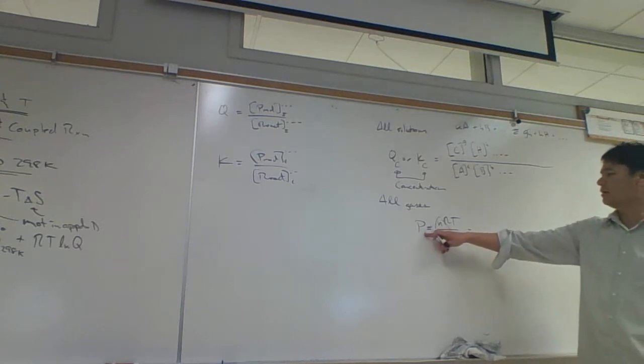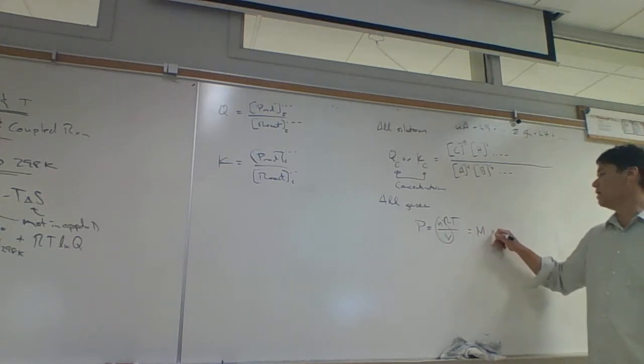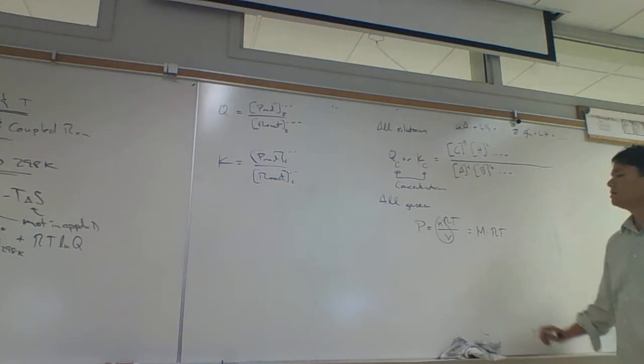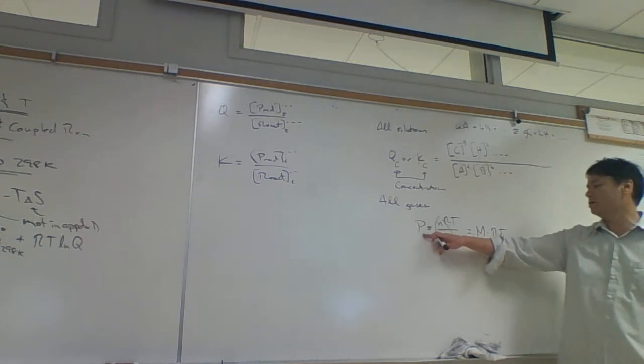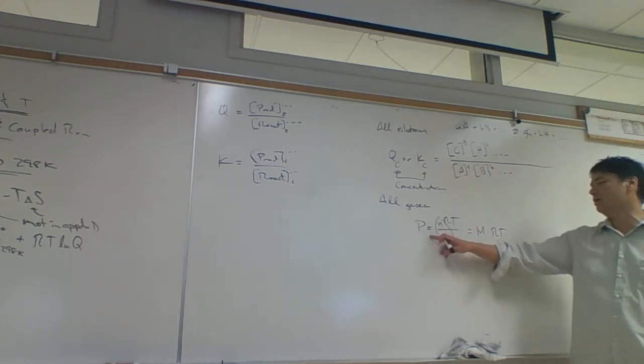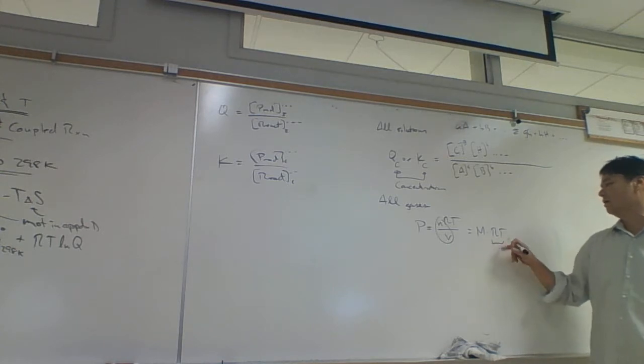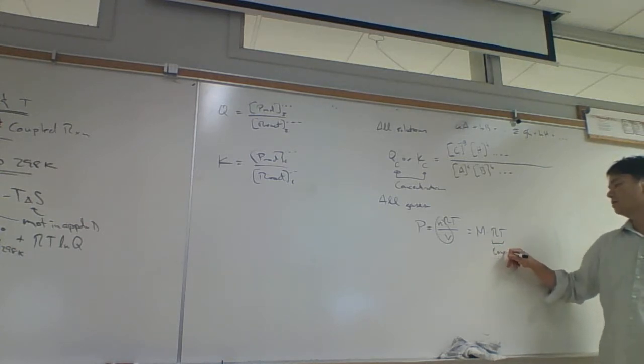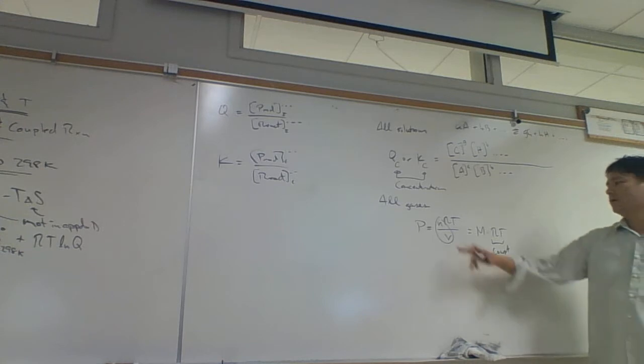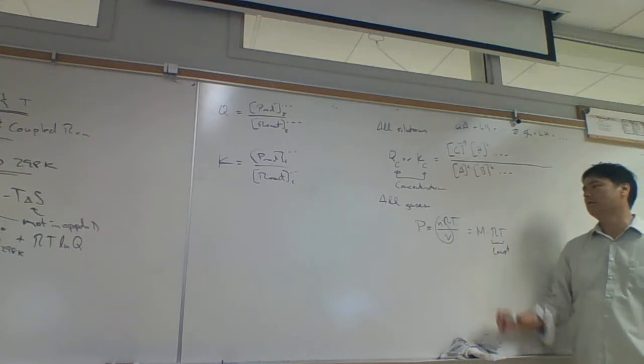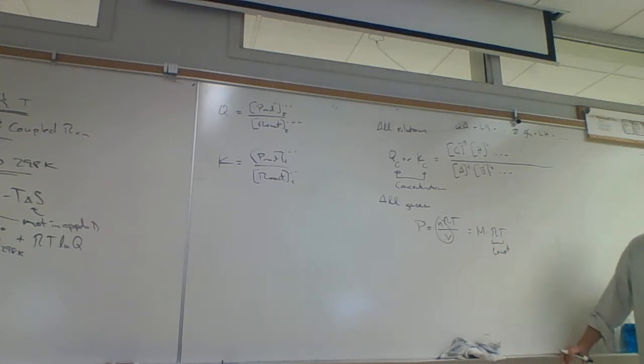This is going to equal the molarity times RT. What this says is that the pressure and molarity are directly proportional to each other. RT, once I fix the temperature, is a constant.